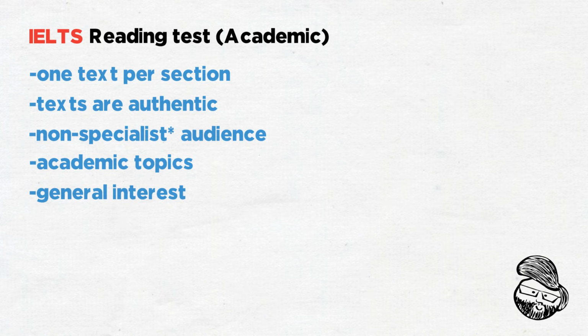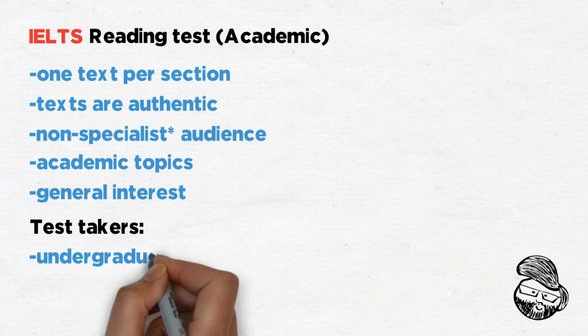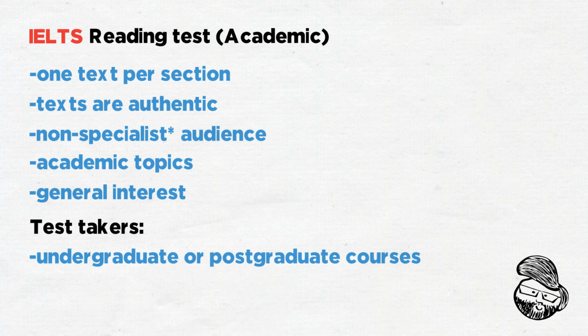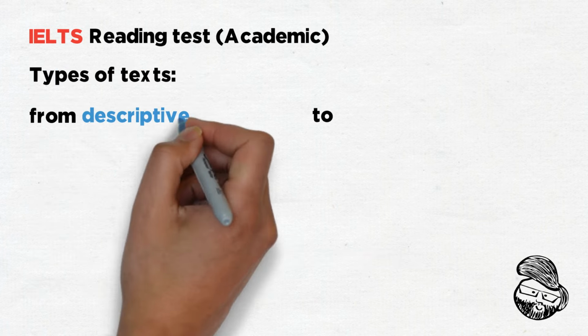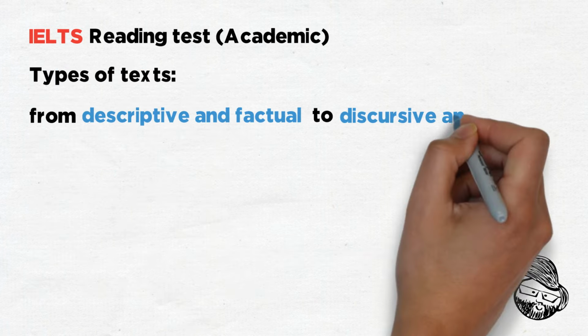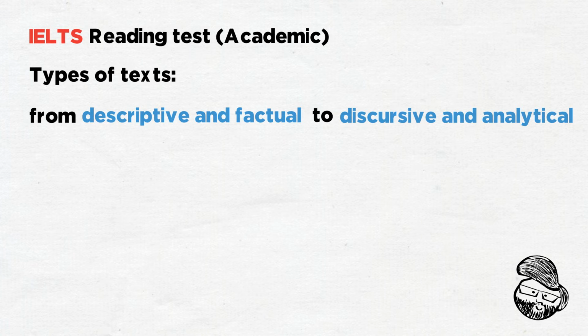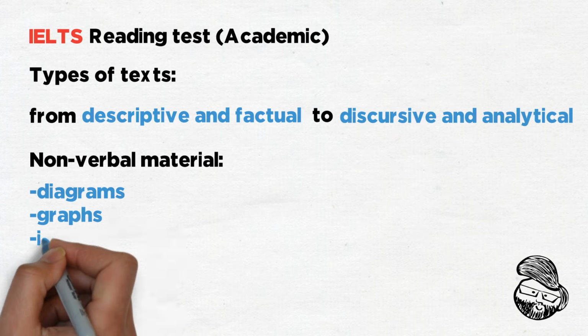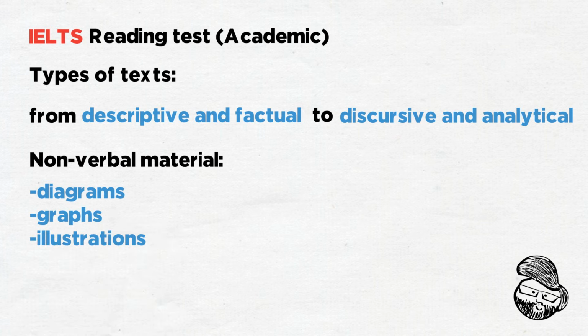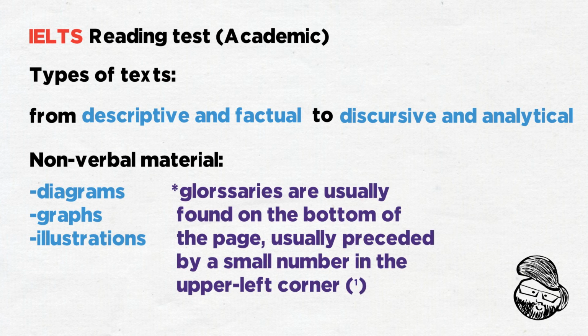Texts are appropriate for and accessible to test takers entering undergraduate and postgraduate courses or seeking professional registration. The texts range from descriptive and factual to discursive and analytical. Texts may contain non-verbal materials such as diagrams, graphs, or illustrations. If texts contain technical terms, then a simple glossary will be provided.